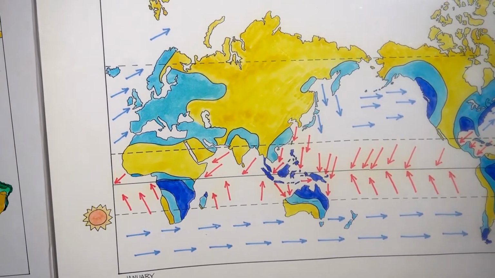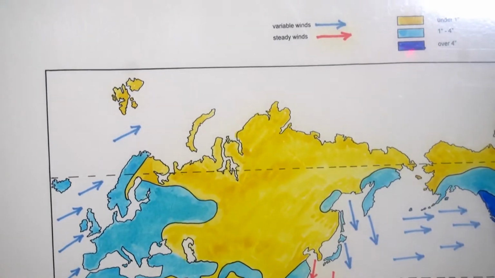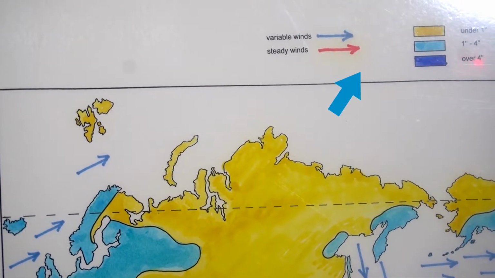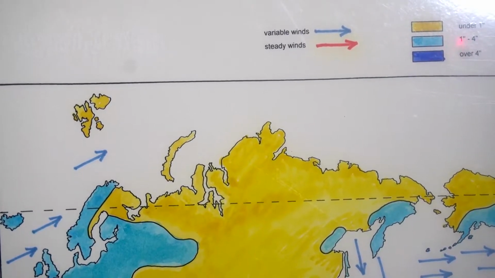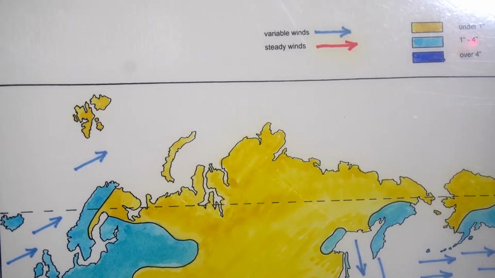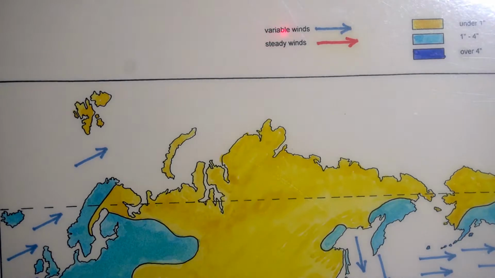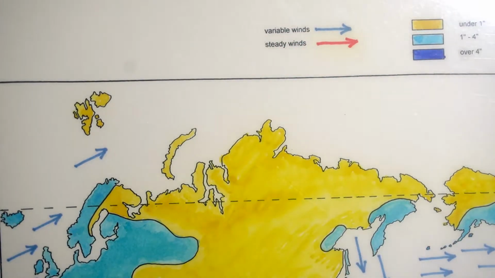And let's see the key we have here. The dark blue represents rainfall over 4 inches. Light blue, rainfall of between 1 and 4 inches. And then the yellow one, minimal rainfall under 1 inch. And of course we have the variable winds, blue arrow, and steady winds, red arrow.